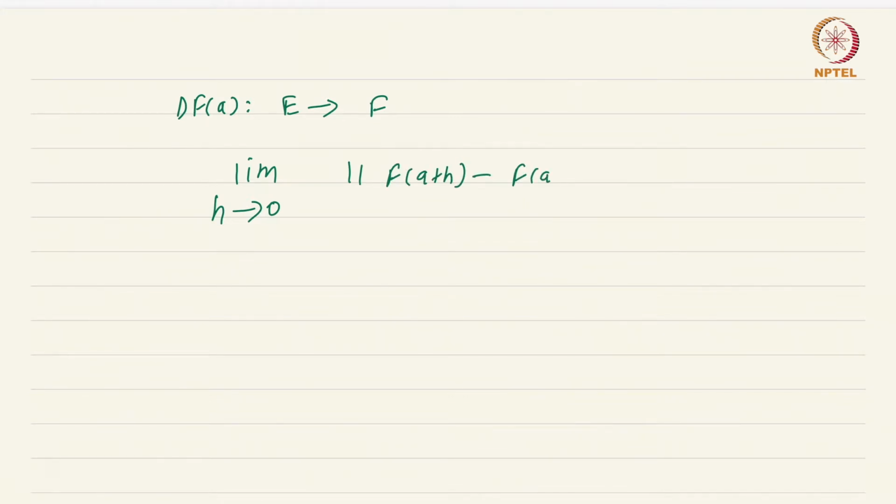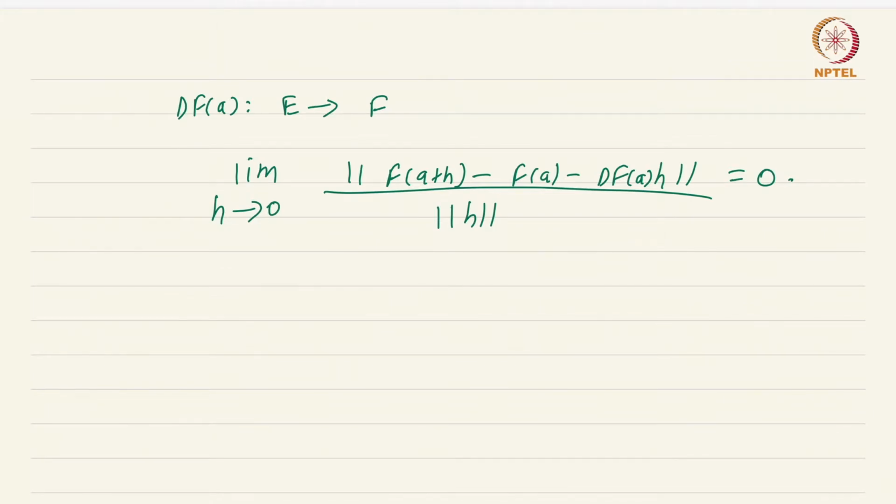We can also formulate this definition without involving the error term explicitly, by saying that f is differentiable if you can find dfa from E to F such that limit h going to 0 of norm of f of a plus h minus f of a minus dfa h divided by norm h is equal to 0.